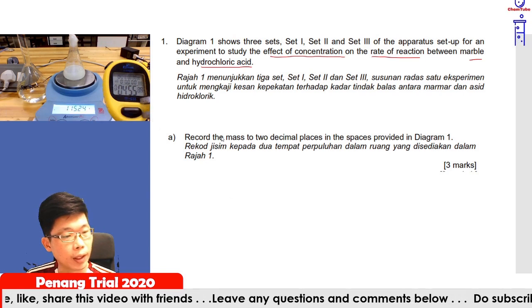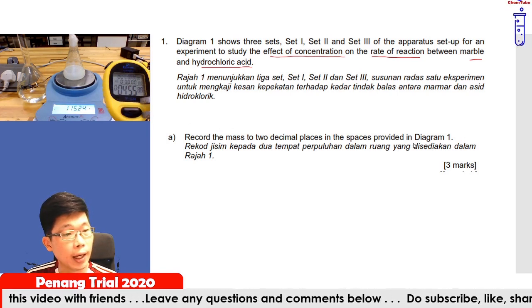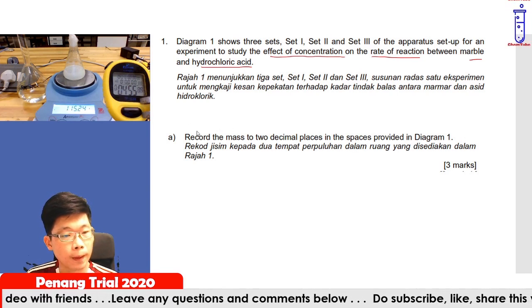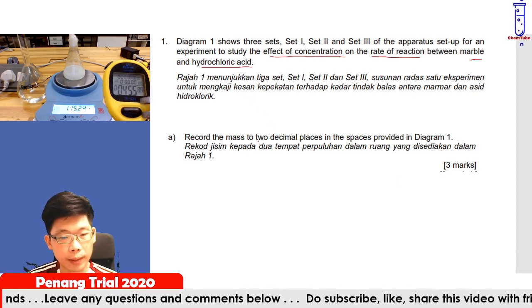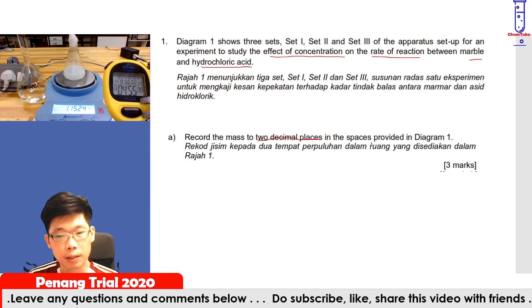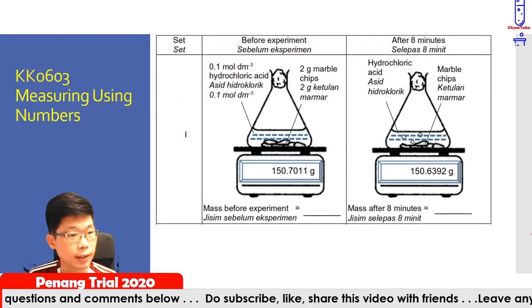So based on the observation here, then we can calculate the rate of reaction. Okay, so A, record the mass to 2 decimal places in the space provided, so 3 marks. So let's see the questions here.